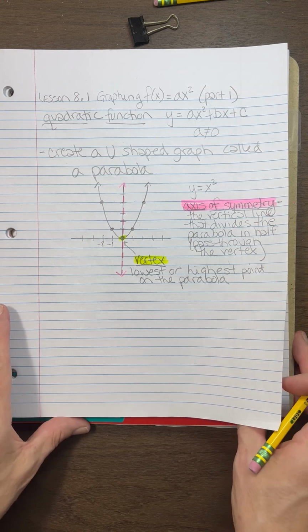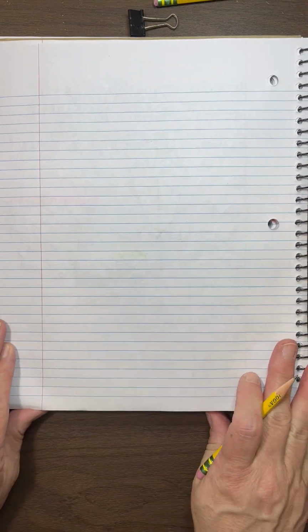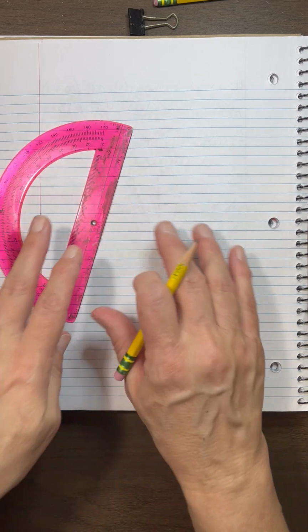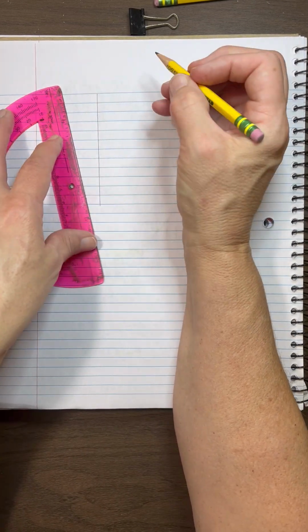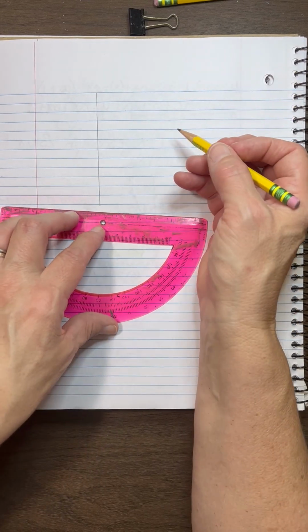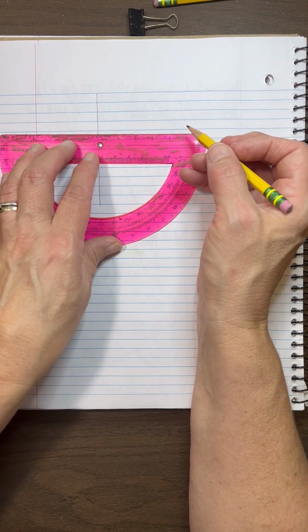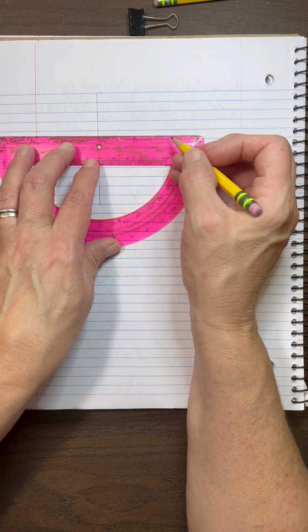And I'm going to flip over because I don't have enough room to draw the next one. Okay, so we're going to draw one and we're going to look at all the parts of it. Let's see, I want it to be mostly below.